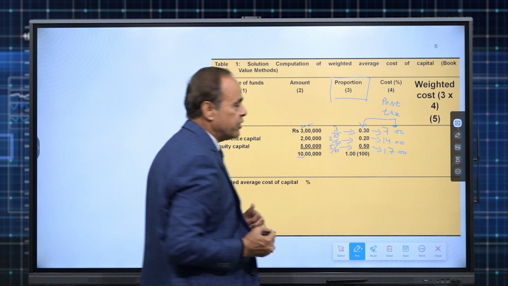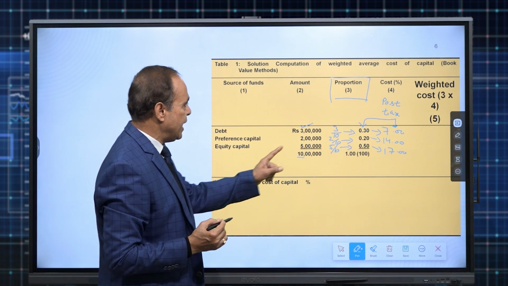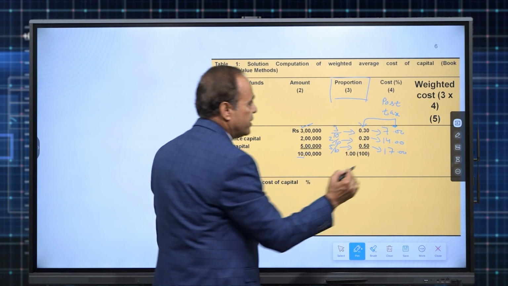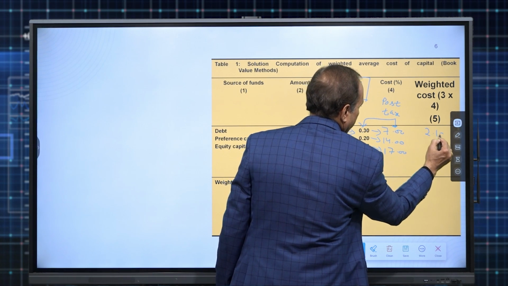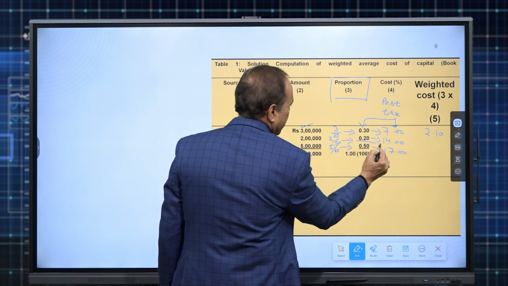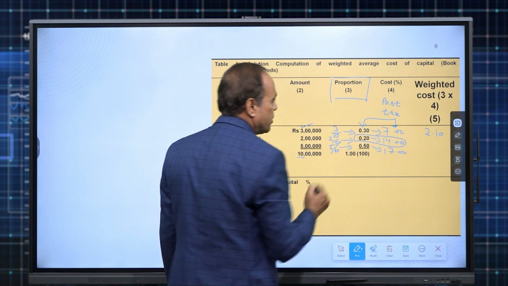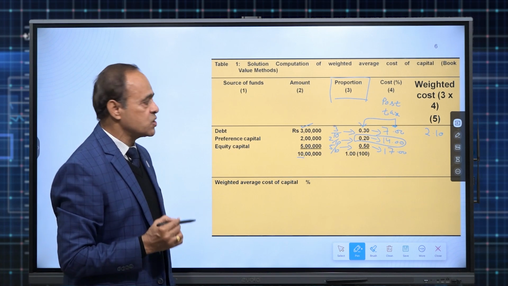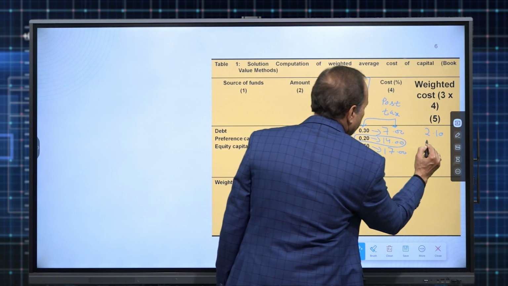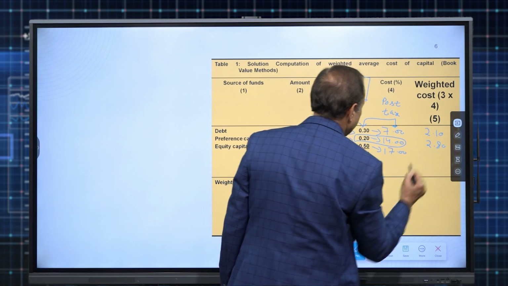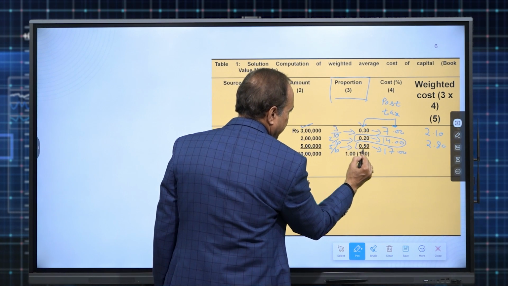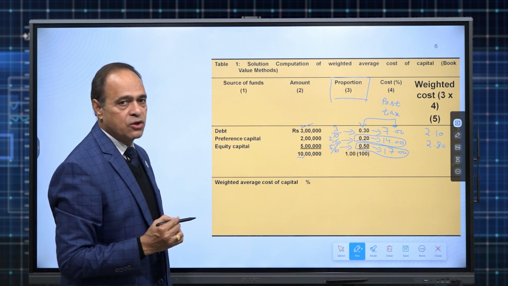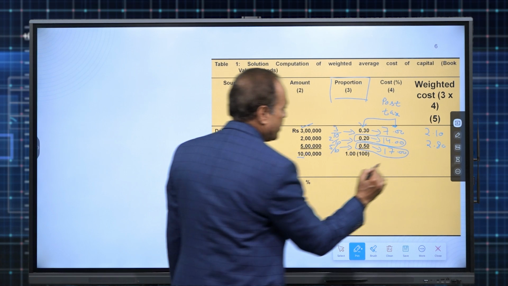Why are we multiplying 0.3 with 7? Because the proportion of debt in the capital structure is 30% and cost of debt is 7%. So we get 2.1. Similarly, 0.2 will be multiplied with 14%, because 20% is the proportion of preference and 14% is the specific after tax cost of preference. So we get 2.8. And then lastly we will multiply 0.5 with 17, because 50% weightage is of equity. So we get 8.5.